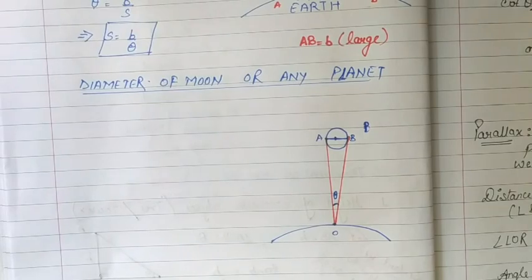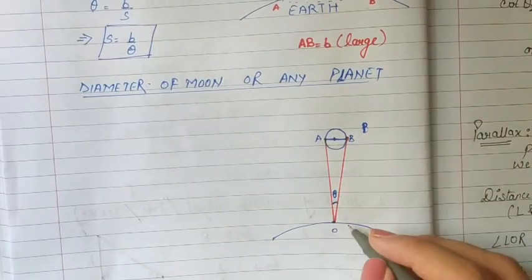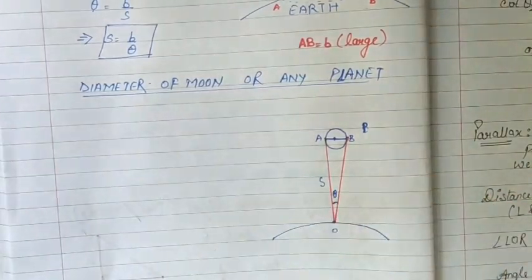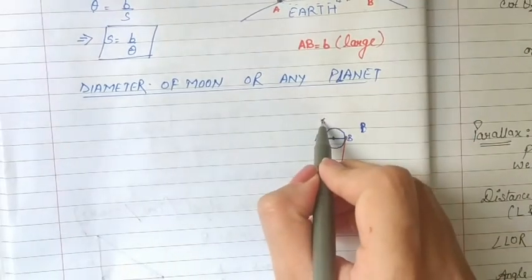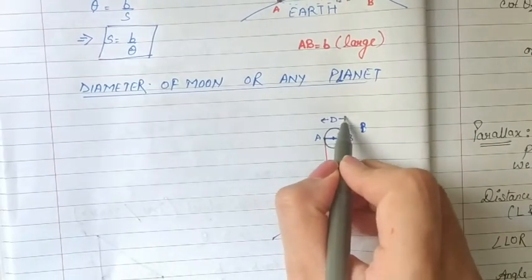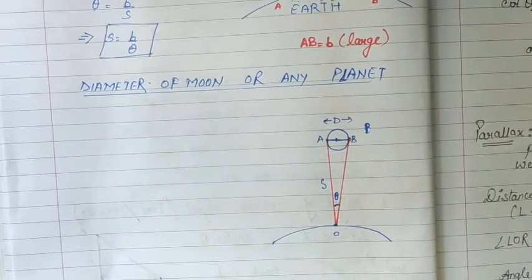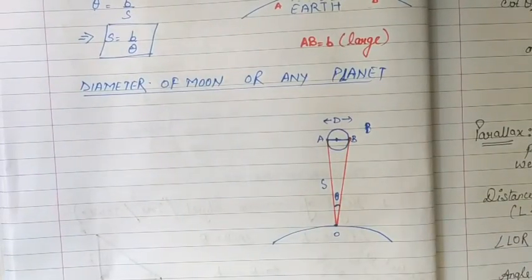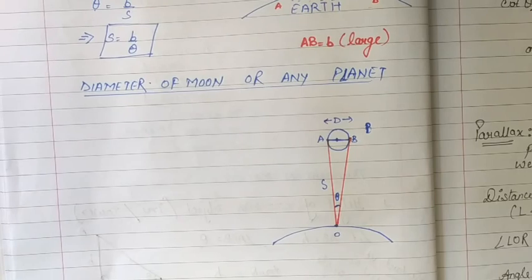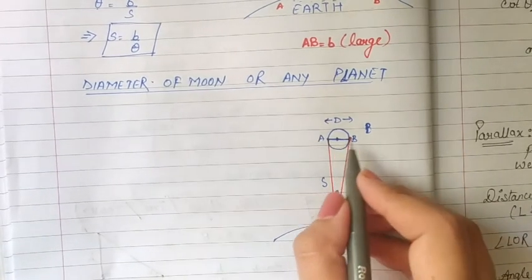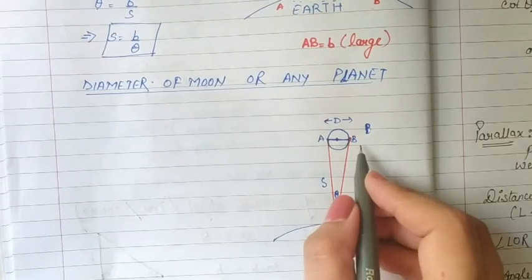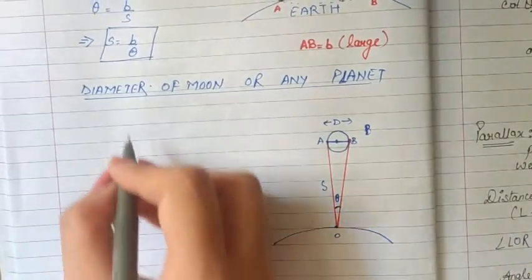The distance from the moon to the Earth is capital S, and the diameter that we have to find is capital D. This AB is capital D. So by knowing the angle AOB, we can find the diameter of the moon.